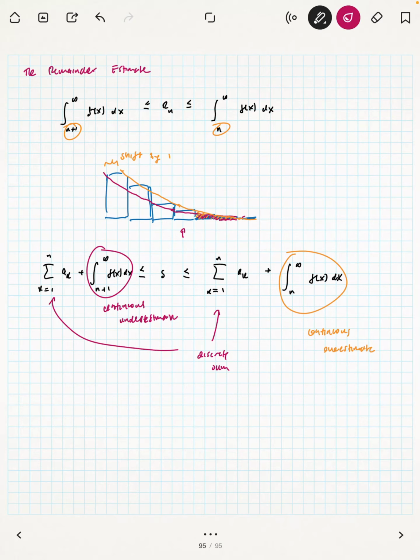I can't spell. So you get out to a certain term, and you'll know that the remainder, the tail of the series, is going to be between these two values.